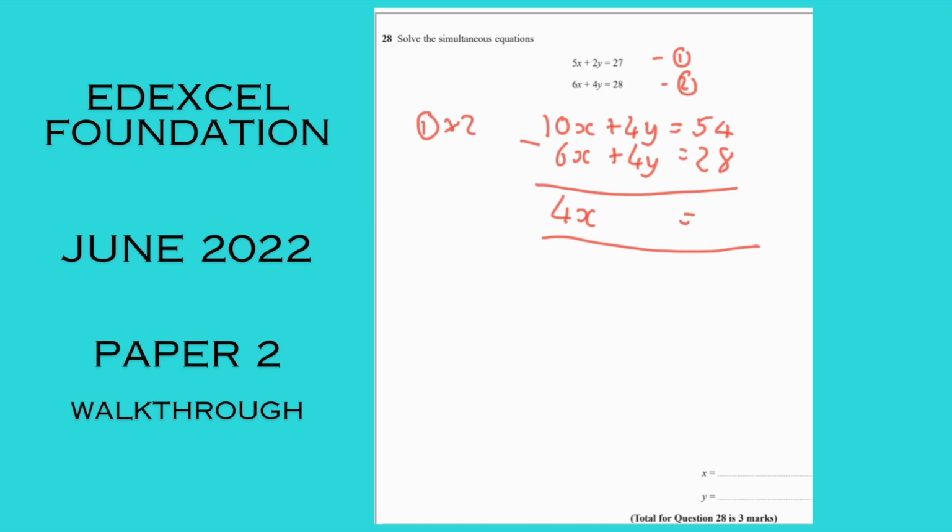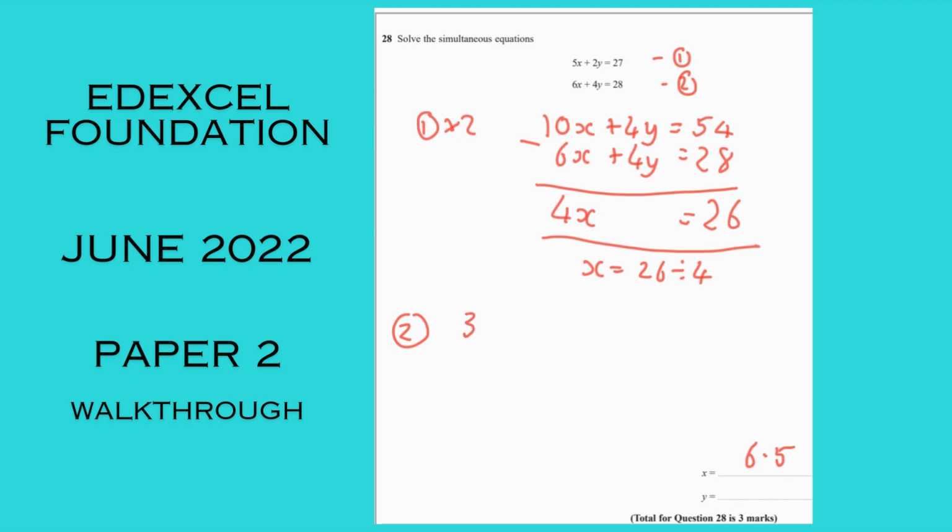4x equals 26. On your calculator, 26 divided by 4, we get 6.5. Pick one of the original equations. I'm going to pick equation 2 because there are an even number of x's, so it will get rid of the 0.5.